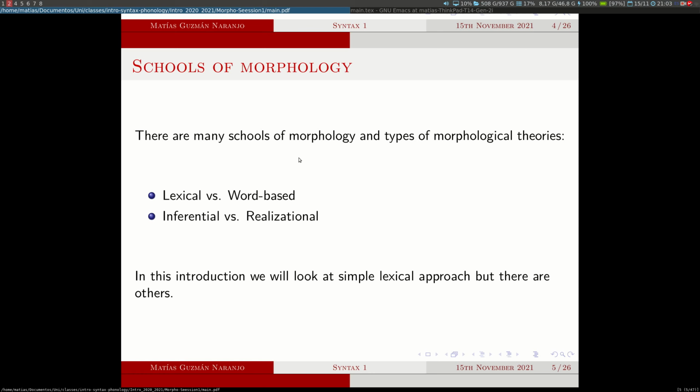These constructs, these theoretical constructs, are things we use to try to understand language, but it's not that languages have them. So that's an important point, and that's important because other theories do away without many of the things I'm going to teach you about. I'm going to teach you probably the most common theory, but there are alternatives.